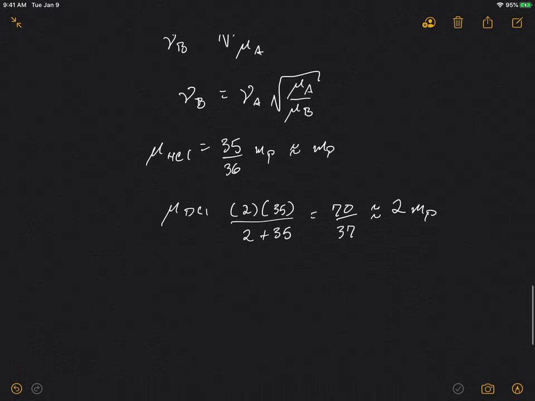So in other words, as I said previously, if we have two very dissimilar masses, say proton and chlorine, where the proton's much lighter than chlorine, the reduced mass is very close to the mass. It's a little bit less than, but close to, the mass of the lighter of the two elements. And so we expect for DCl it's going to be close to 2 times the mass of a proton.